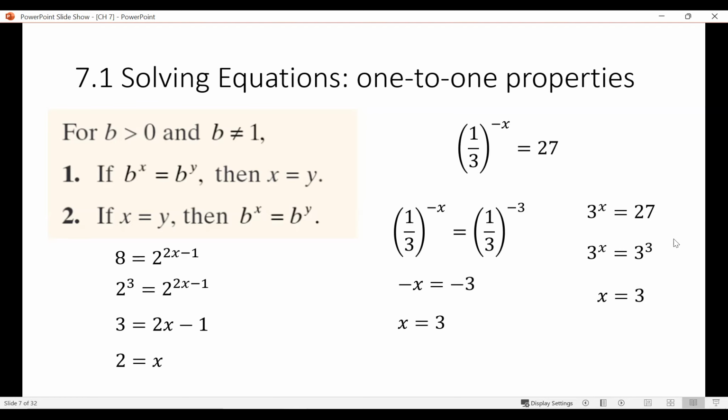And then we can equate our exponents now that we have the same base and say that x equals 3. So that is solving exponential equations using the one-to-one property. It only works if we can rewrite part of our equation as an exponent to the same base. If we can't do that, then we're going to have to use logs, and we're going to learn that in a later section.